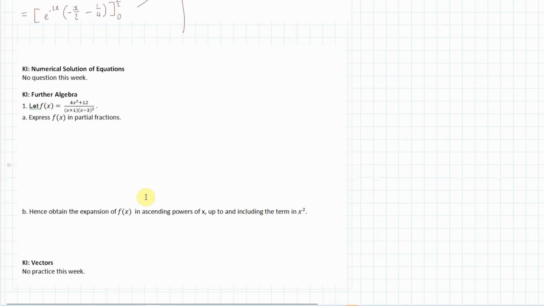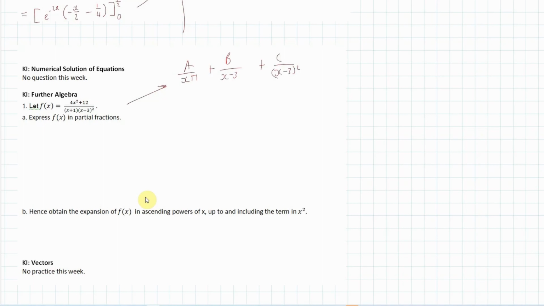We're trying to write in partial fractions the following. So we can write this type, can't we, as A over x plus 1, plus B over x minus 3, plus C over x minus 3 all squared.